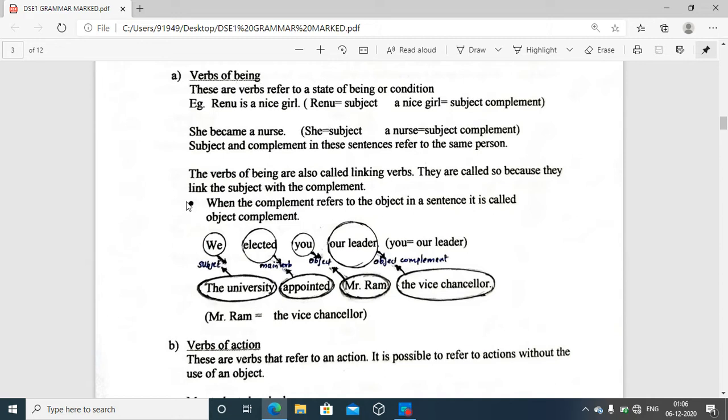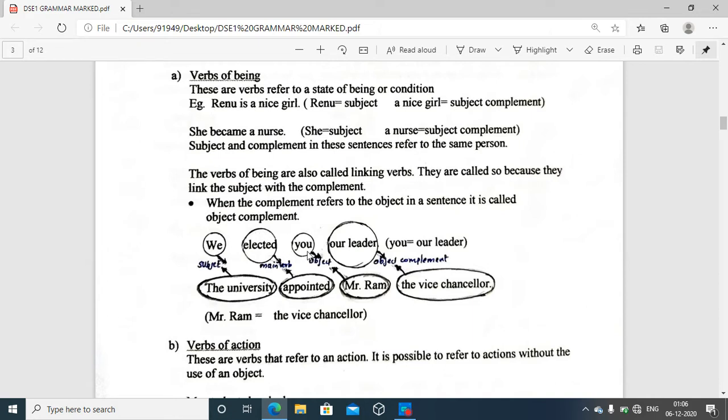This actually doesn't have much to do with the verbs of being. Normally in classes, I do not discuss this as part of this particular topic, but here, if you want, you can have an idea about what an object complement is. Just place it outside the discussion on verbs of being. We elected you our leader. We, subject. Elected, main verb.